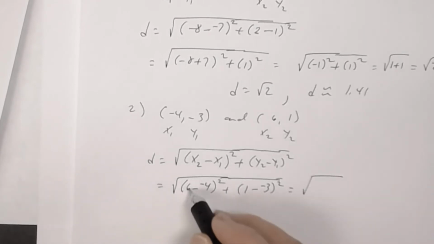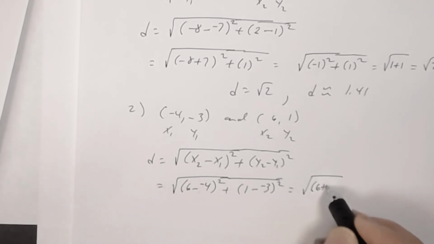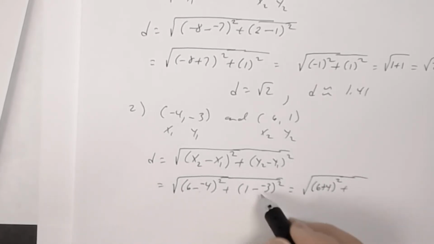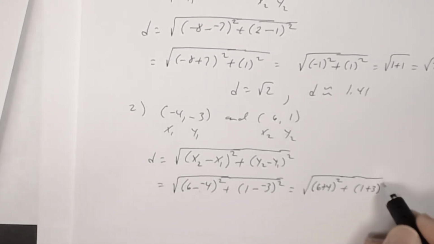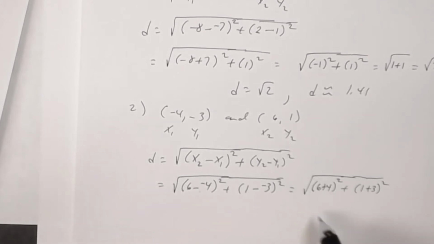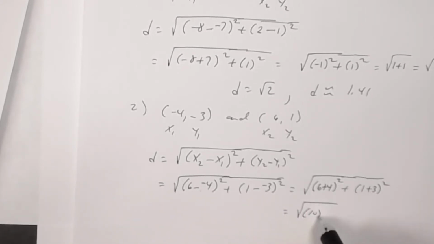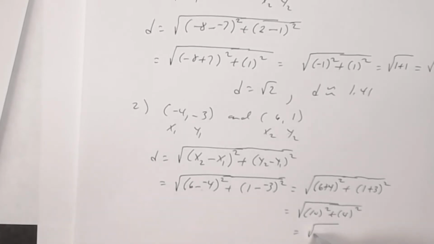Square root of 6 subtract a -4 means 6 plus 4 squared, plus 1 subtract a -3 means 1 plus 3 squared. And so let's go ahead and simplify this a little bit further. 6 plus 4 is 10, so I get 10 squared. 1 plus 3 is 4, so I get 4 squared. So then this becomes the square root of 10 squared is 100, right? Plus, and then 4 squared is 16.